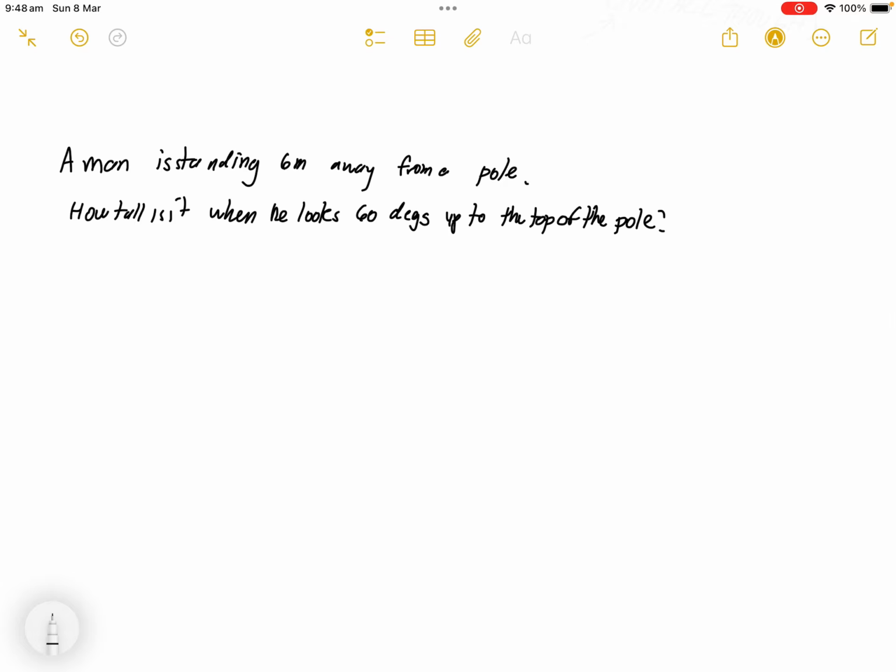I'm going to say that the man is 1.8 meters tall, so let me set up a right triangle here. And this is how tall the man will be.